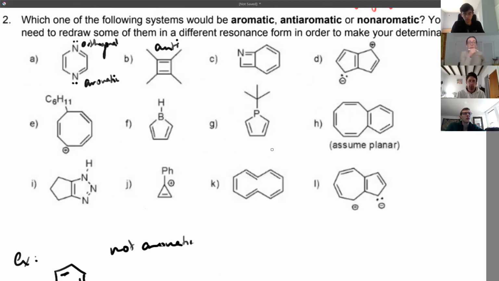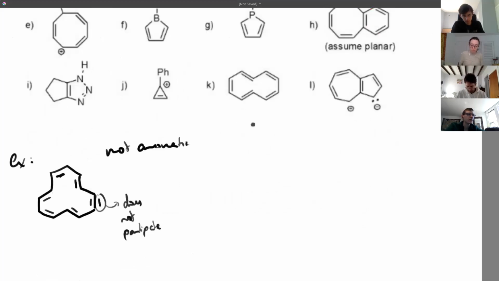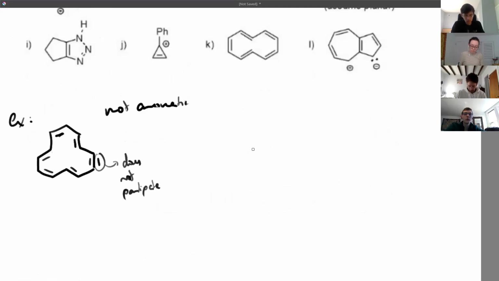Cool. I just had a really quick question back to A. I just don't remember, what does orthogonal mean? Yeah, that's important. So generally this really comes up with nitrogens.